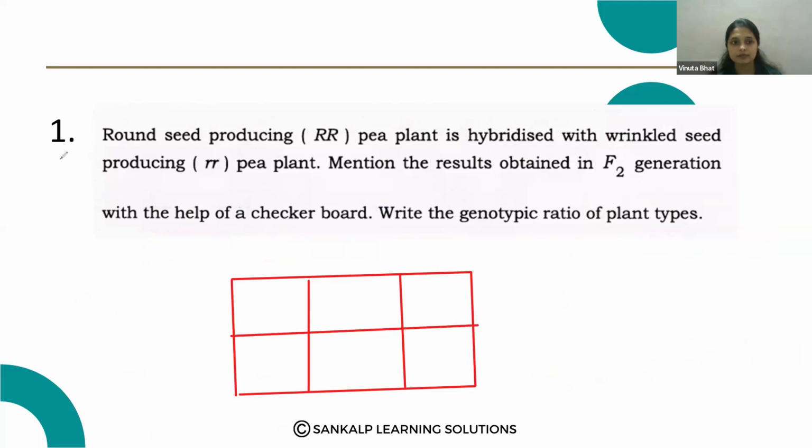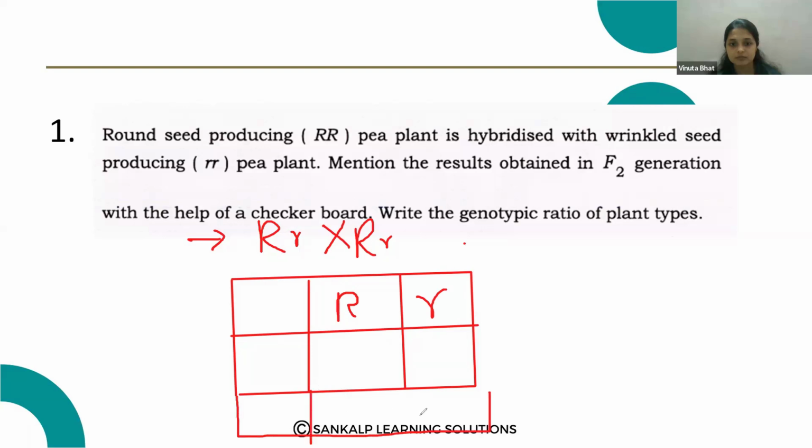For the F2 generation, Rr is crossed with Rr. The gametes produced are capital R, small r, and capital R, small r. So in the checkerboard we get RR, Rr, Rr, rr.